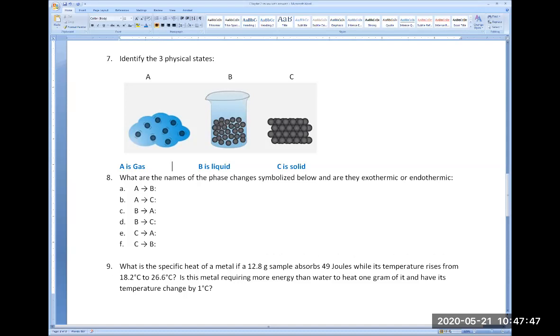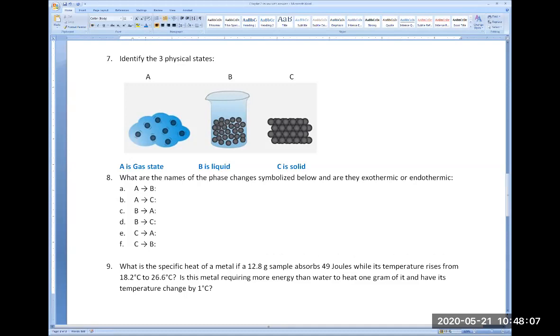Physical state is gas state. Okay, I guess I should say that because otherwise it looks weird here. So what are the names of the phase changes symbolized below, and are they exothermic or endothermic?